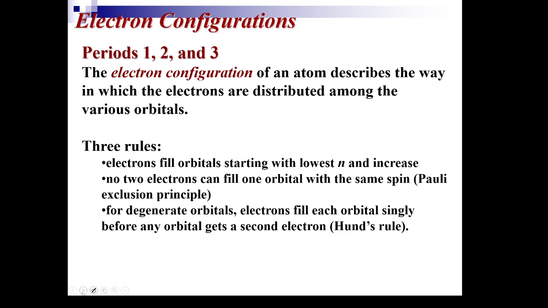Number 2, electrons that are filling in the same orbital have to be opposite spins. That's so that they have 4 different quantum numbers, which we talked about last time. And last, I can't pair up electrons until each orbital in a subshell has 1. And that's known as Hund's rule.